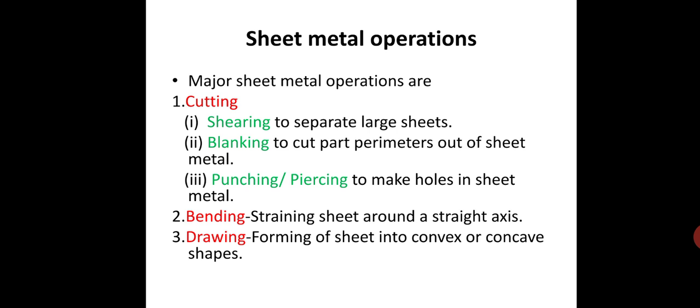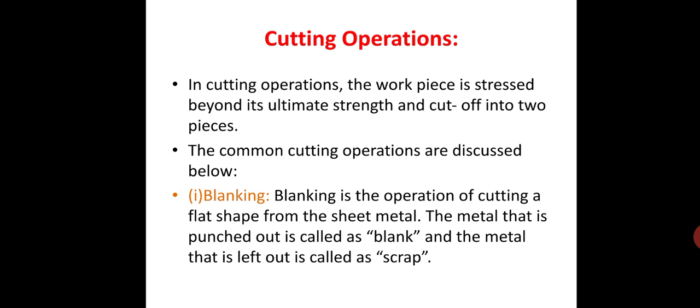Bending and drawing basically come under the forming operations. Let's see one by one. First, cutting operation. In cutting operation, the workpiece is stretched beyond its ultimate strength and cut off into two pieces.